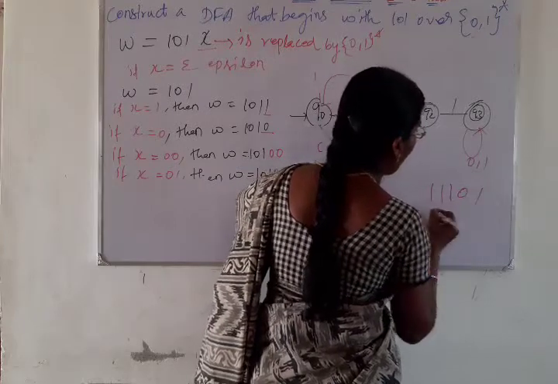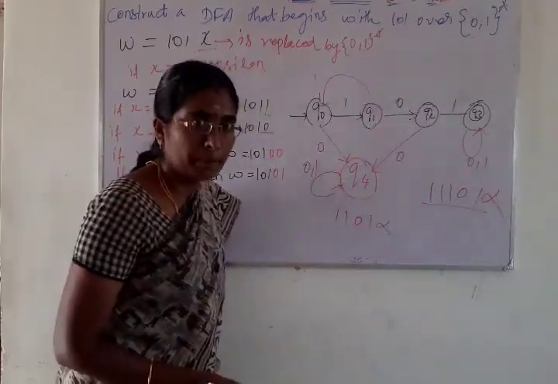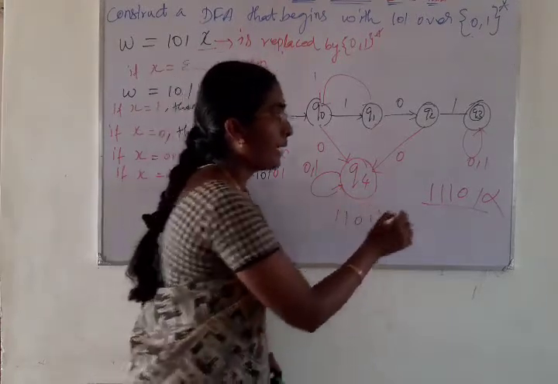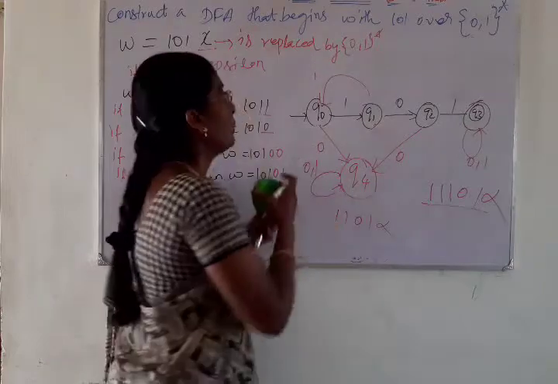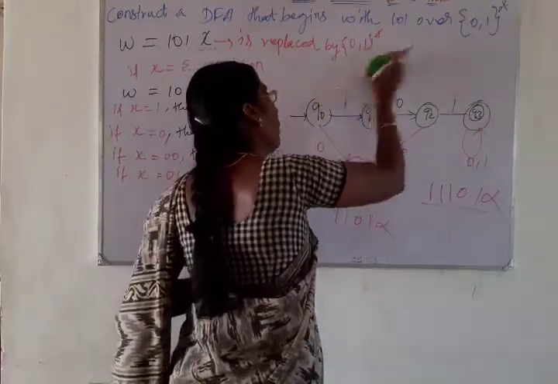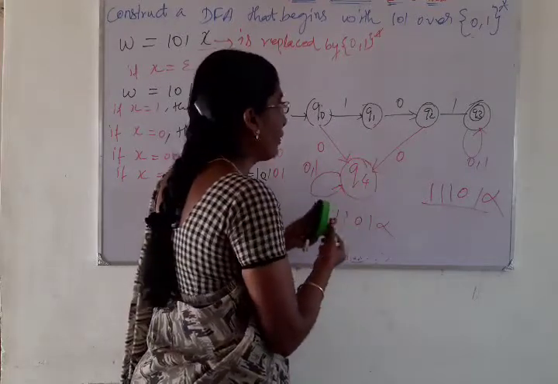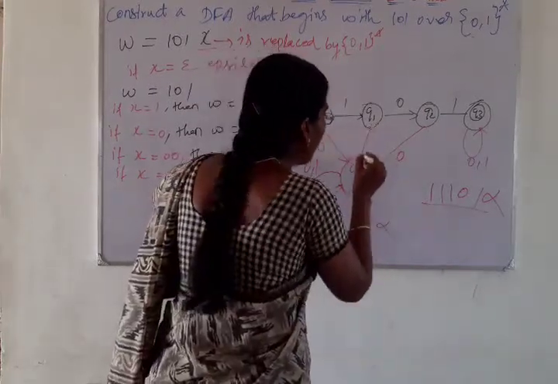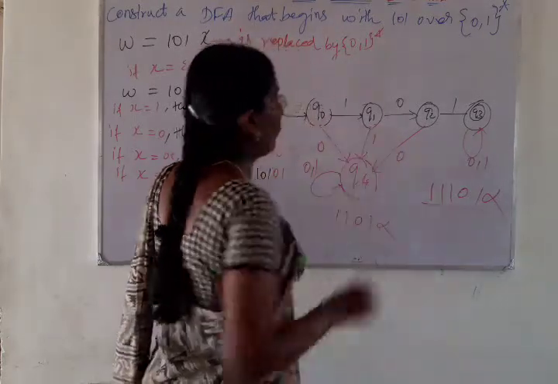After that 0, 1 means this is also a not accepted string. 111, it starts with the string 111. This is not accepted for the given problem. So this is also not an appropriate transition for the symbol 1. For the symbol 1 from the state Q1, the transition is also to the dead state Q4.